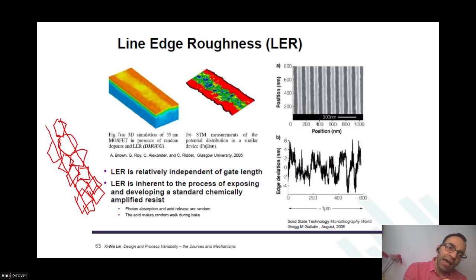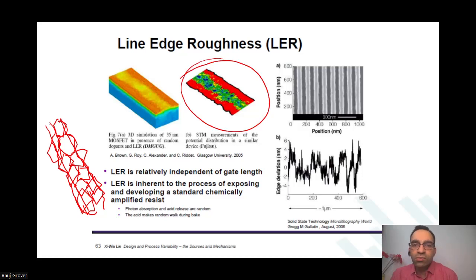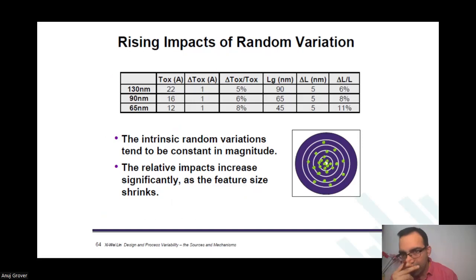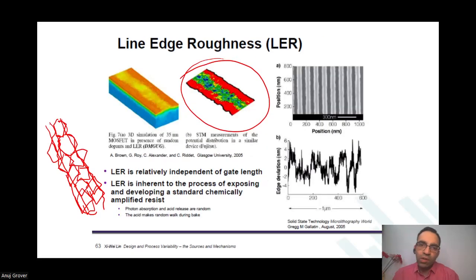So finally, you may have a polysilicon line. You wanted it to be completely straight and parallel. Finally, you will have a polysilicon line which could be like this: thicker somewhere, thin somewhere, and so on. You notice in this image, the poly thickness is not constant throughout. What does this mean? This means that the effective length is changing. Now let us say there was a contact over here, and in another device there was a contact over here.